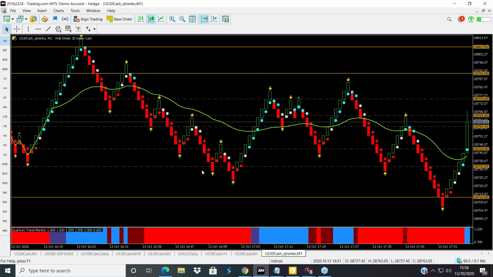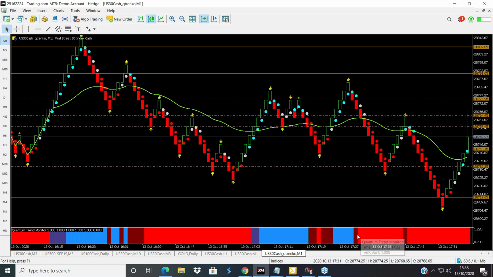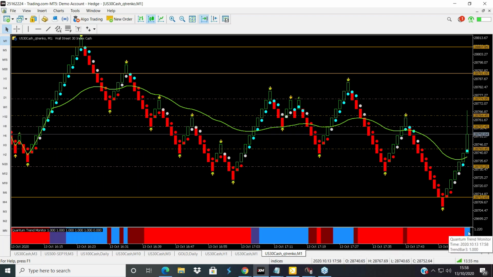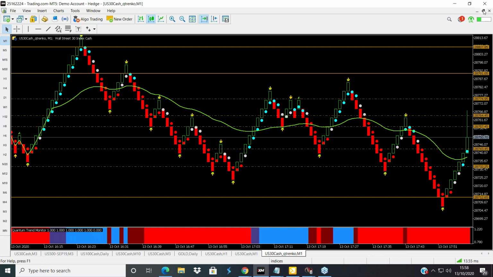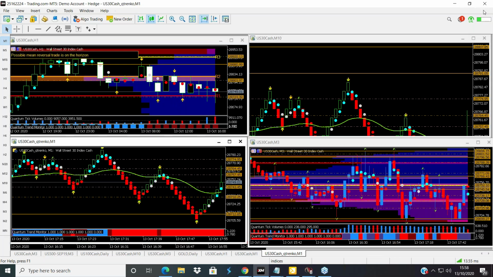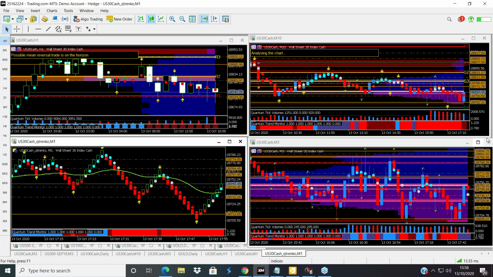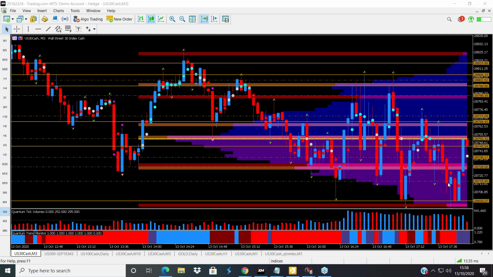And what's interesting here is that this is the first time we've gone from a bright color to a bright color. Usually it goes into these transition colors, but as far as I'm concerned, on the time frames that I'm looking at, I would still be waiting for some clear direction.